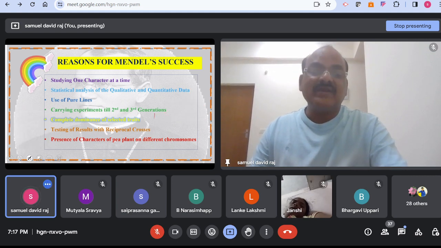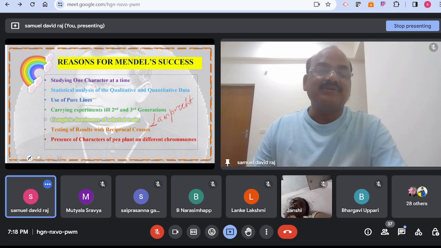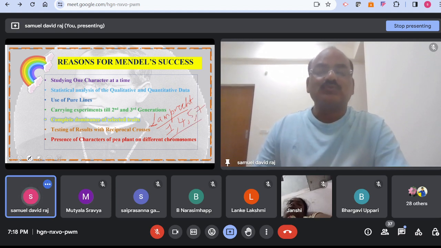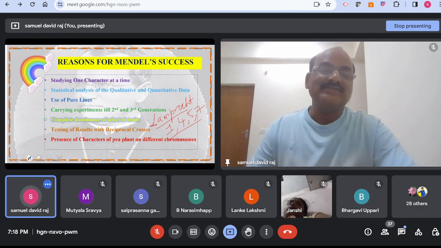Later scientists, mainly a scientist called Lamprecht, observed that the genes or the factors for seven pairs of Mendelian characters are distributed on only four chromosomes. They are the first chromosome, fourth chromosome, fifth chromosome, and seventh chromosome.